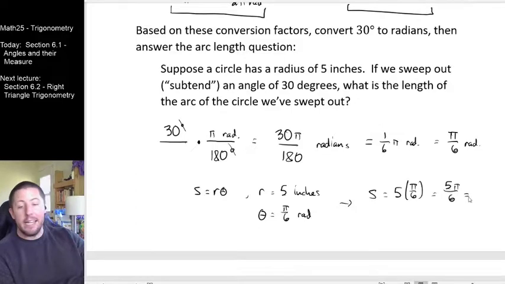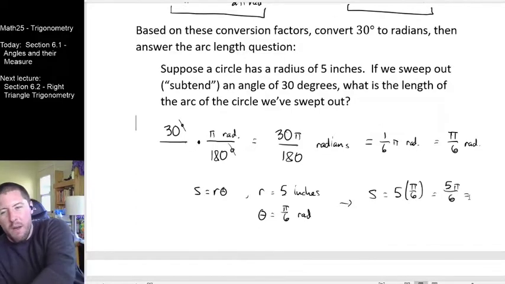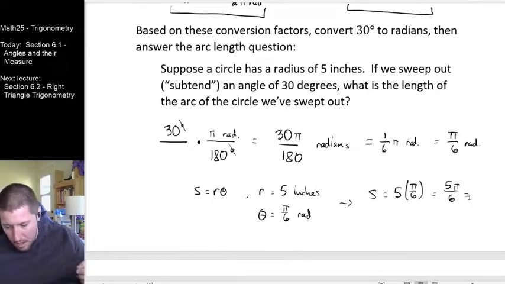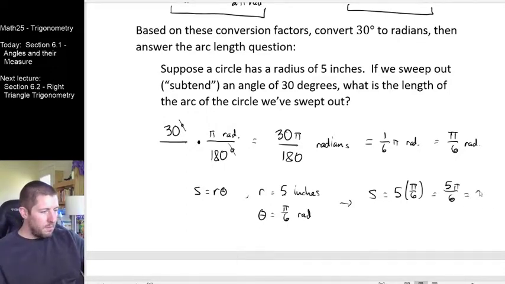That looks like my exact answer, but that's not super helpful. Usually when I'm measuring length, it's not helpful for me to have things like pi in there, because I can't picture how long 5 pi sixths is. So I'm going to go to my calculator here. 5 pi divided by 6. My calculator is telling me very close to 2.618. And we measured that in inches.